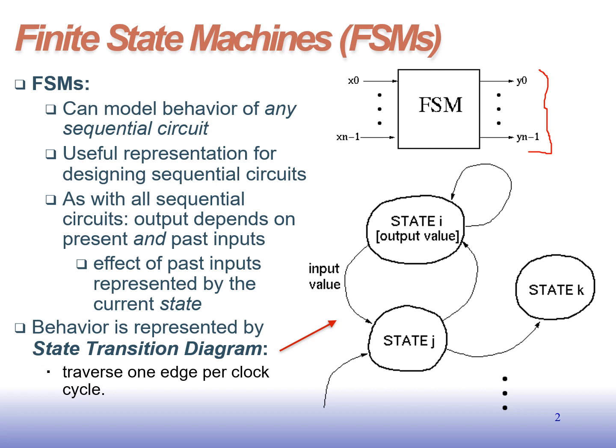This is also known as the state transition diagram. It traverses one edge per clock cycle, that is one movement for one clock cycle.